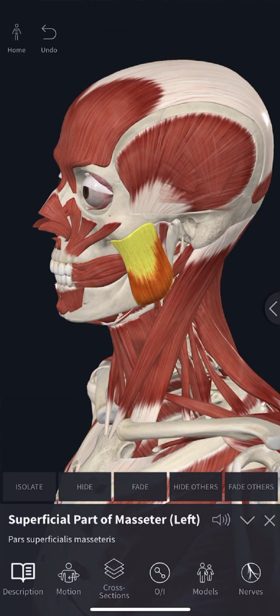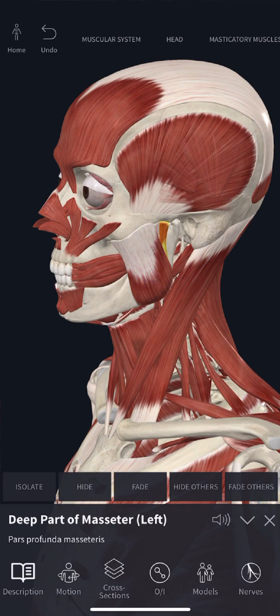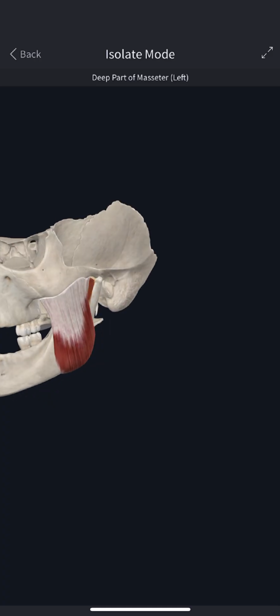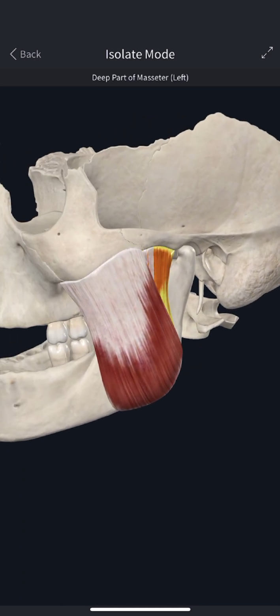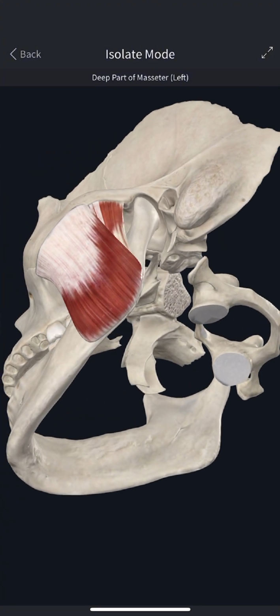Next we have the masseter. The masseter is going to originate on the zygomatic arch, not just the zygomatic bone, but on the actual arch, as well as insert onto the ramus, as seen here, the ramus of the mandible. Its action will be to elevate the mandible, closing the jaw.